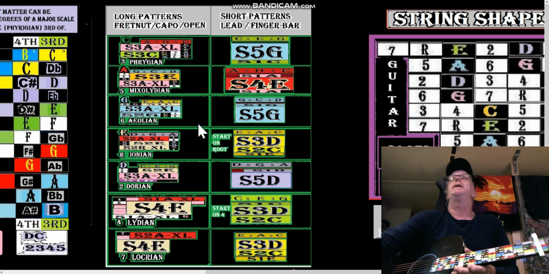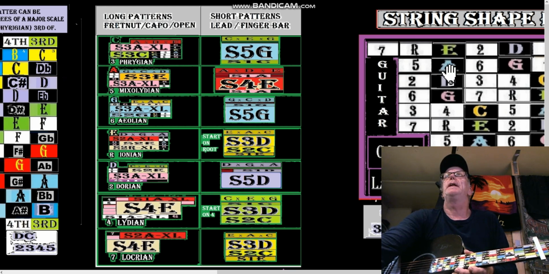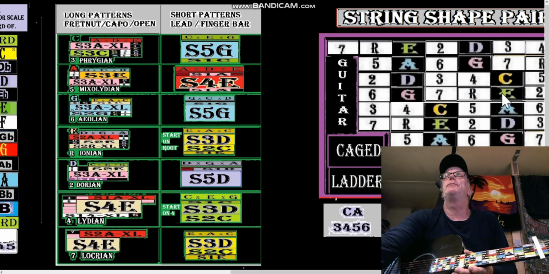Right up here, we can do 6, 7, root, or we can do 5, 6. And they're related by CAGED. So 6, 7, root right here is the G shape, and 5, 6 is the A shape.